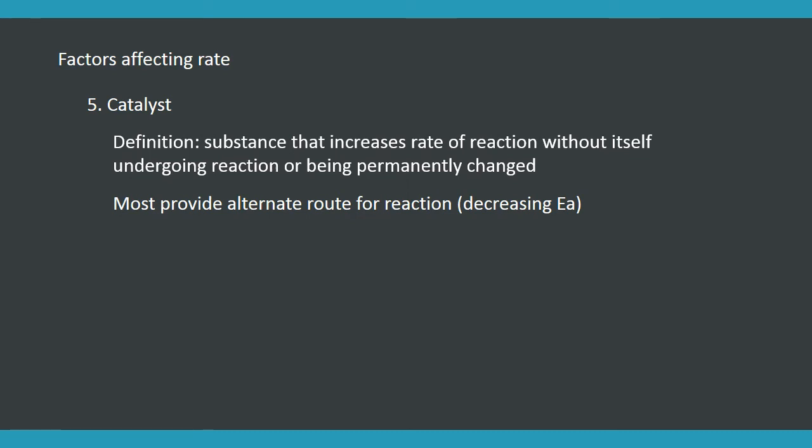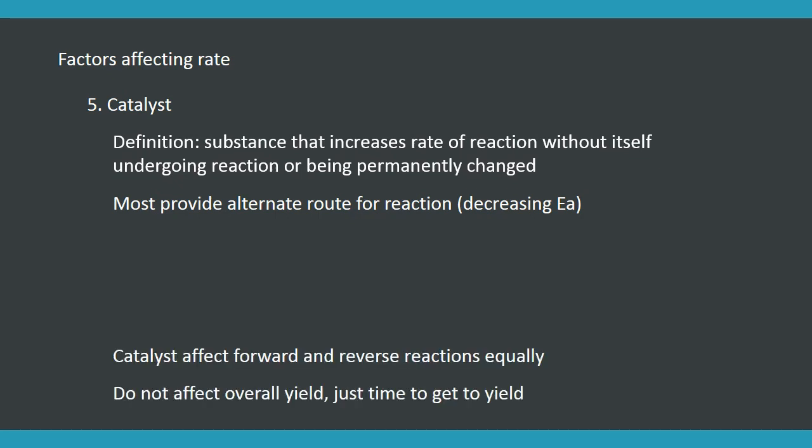All right? So something to keep in mind is that a catalyst will affect forward and reverse reactions equally. And they do not affect the overall yield, just the time to get to that yield that we would expect if we just allow a reaction to run at normal rate.